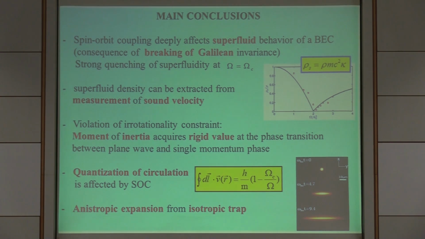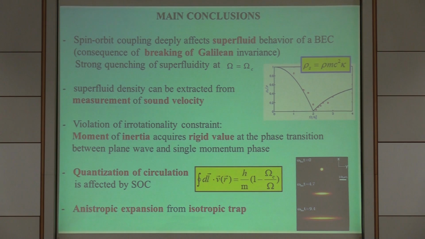The main conclusion is that the superfluid behavior of a BEC gas is strongly modified by the breaking of Galilean invariance. And of course, this superfluid is not destroyed completely, in the sense that, for example, if you rotate fast, you still generate vortices, which are a typical consequence of superfluidity.